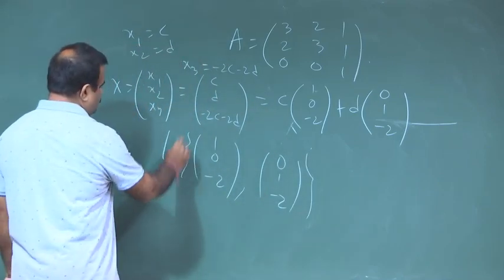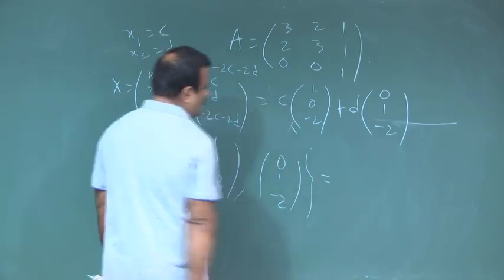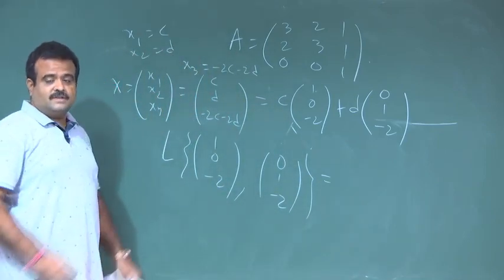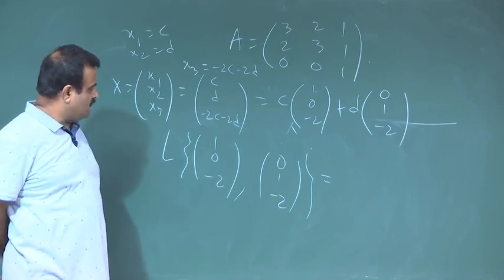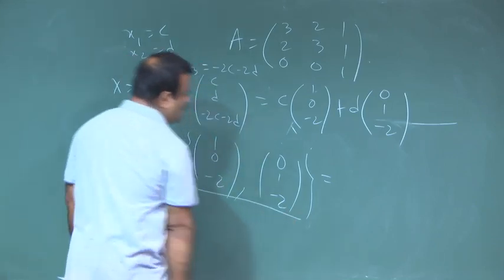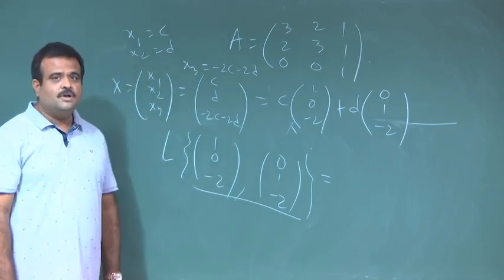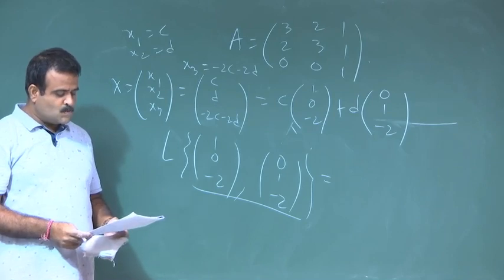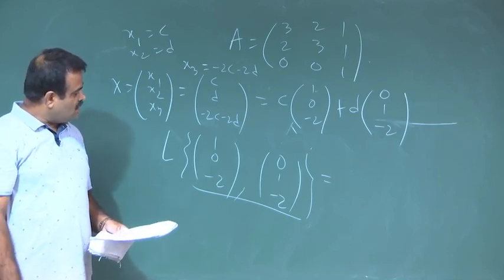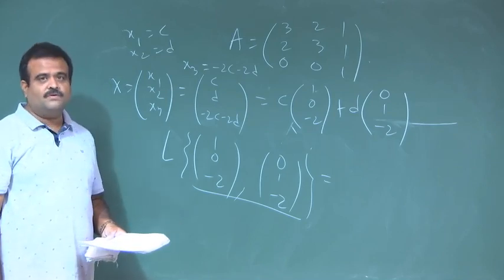The linear span of these is the set of eigenvectors for this eigenvalue. These are linearly independent, so the geometric multiplicity of this eigenvalue is 2.